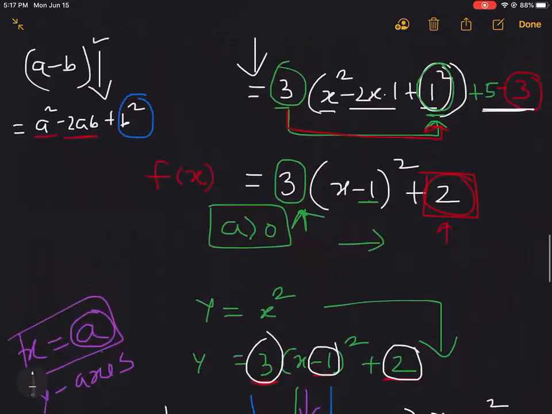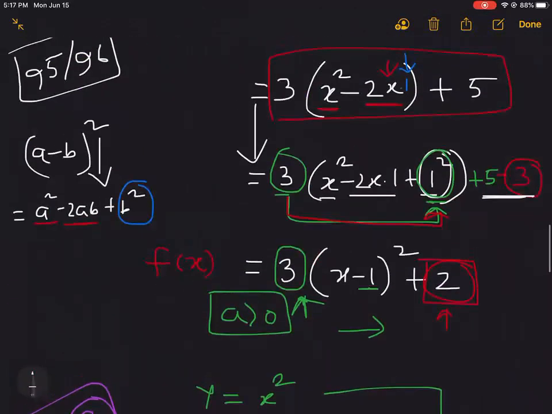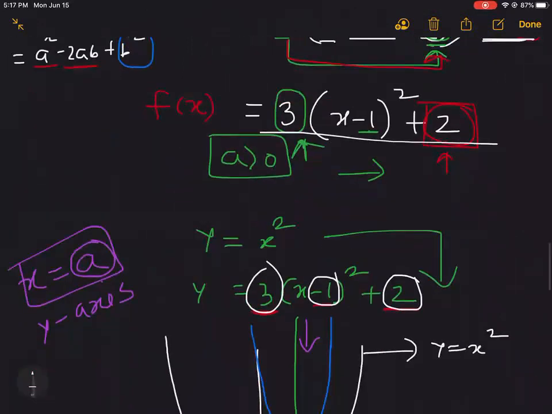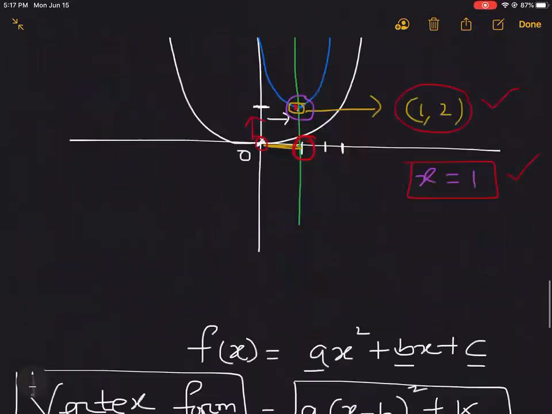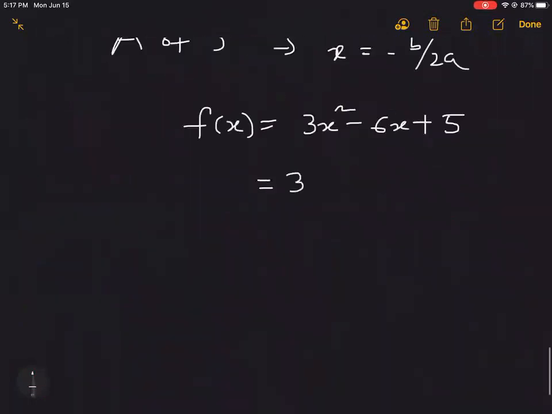So let us waste no more time. That's our vertex format: 3 times x minus 1, the quantity squared, plus 2.